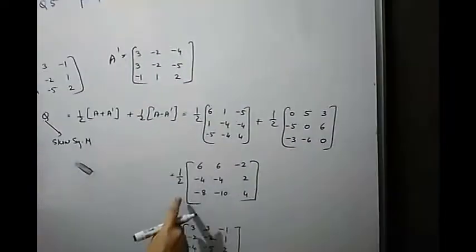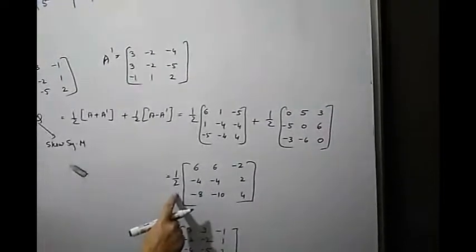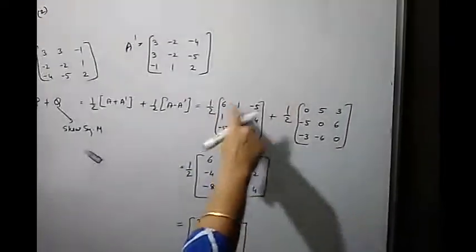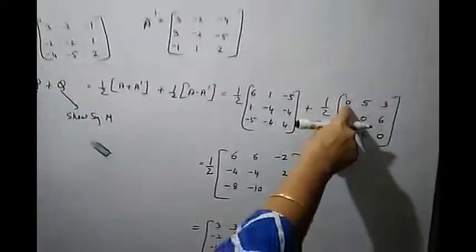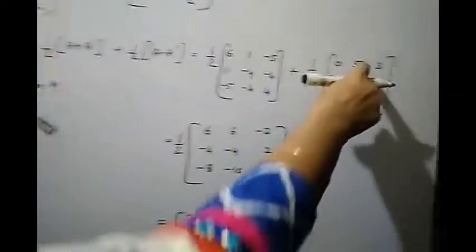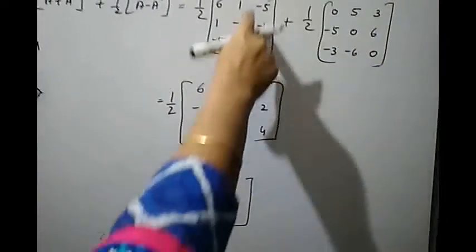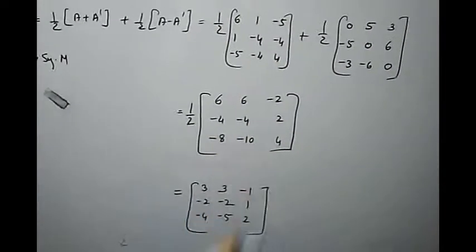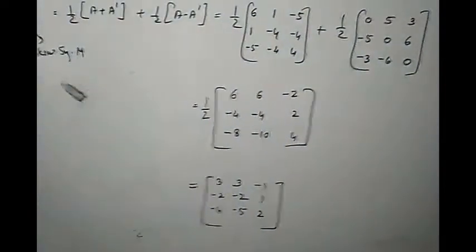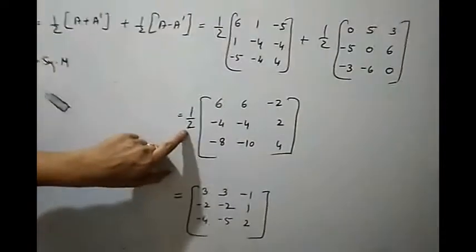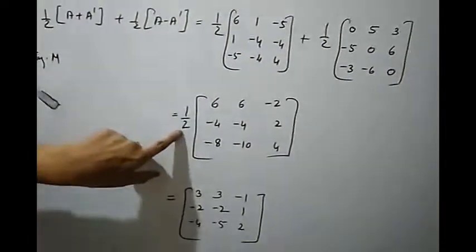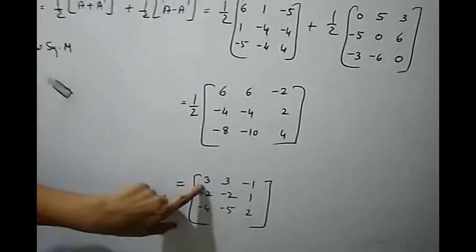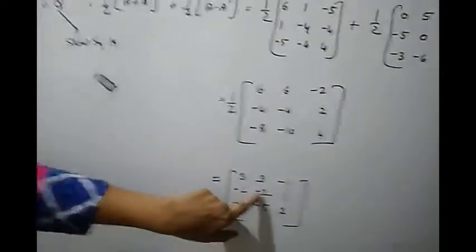Now taking half common and adding the matrix elements: 6 plus 0 is 6, 1 plus 5 is 6, minus 5 plus 3 is minus 2. Similarly the remaining elements, multiplying each element by half. So we get 3, 3, minus 1, minus 2, minus 2, 1, minus 4, minus 5, 2.